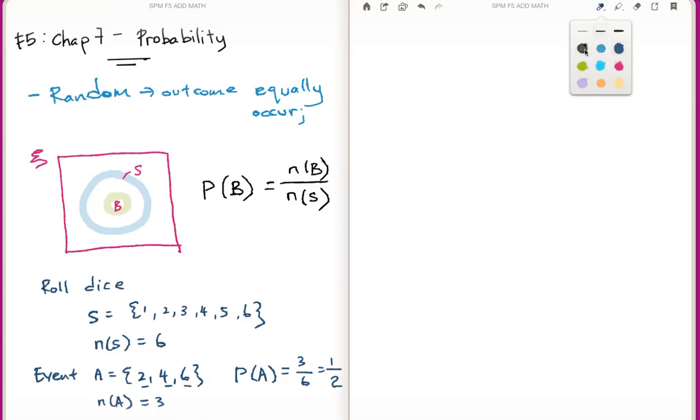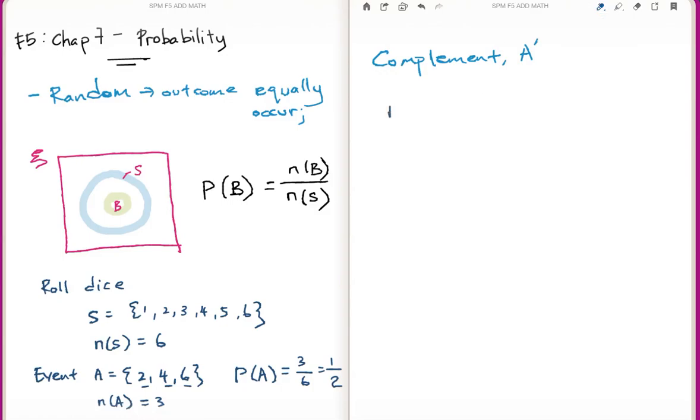Now, the next thing that you want to learn is called the complement. The complement of an event A is A prime; we name this symbol prime. So how do you find it?